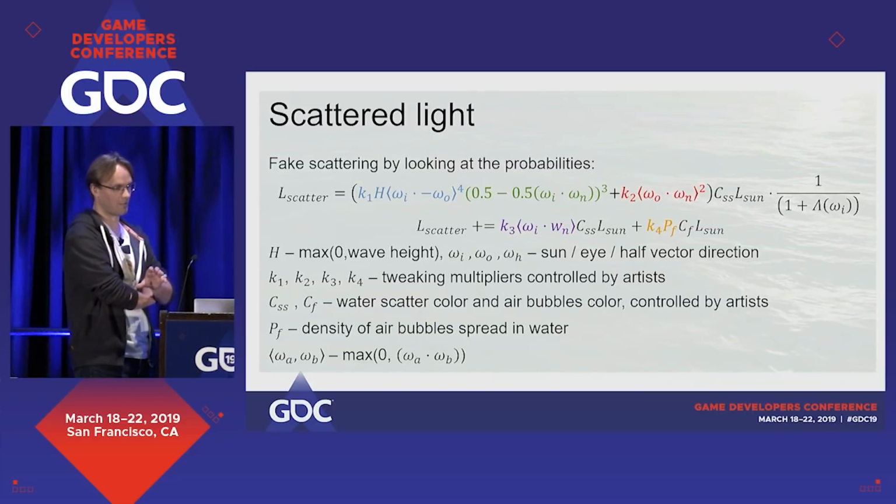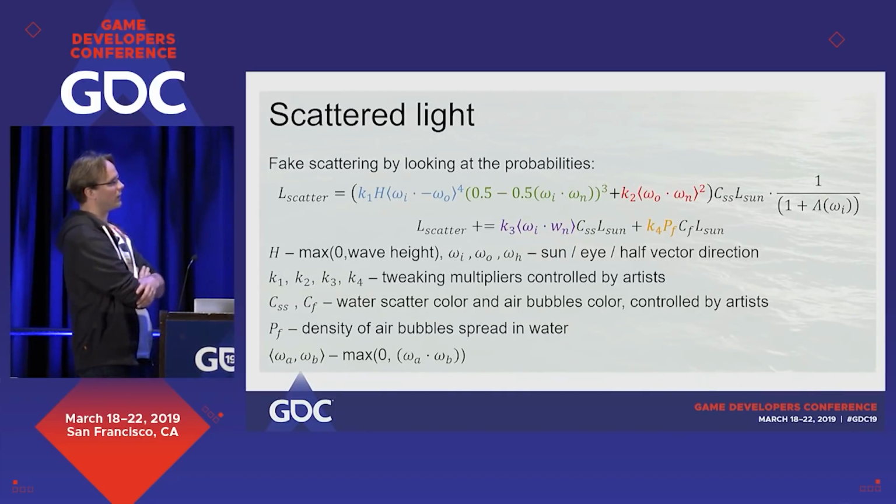The next blue portion shows us that the chance to see the scattered light is higher when we look at the ocean located between us and the source of light, the sun in our case. Then this third, the red portion, shows us that the chance to see scattered light is much higher if we look straight at the ocean surface, if the normal of the ocean surface coincides with our view vector.